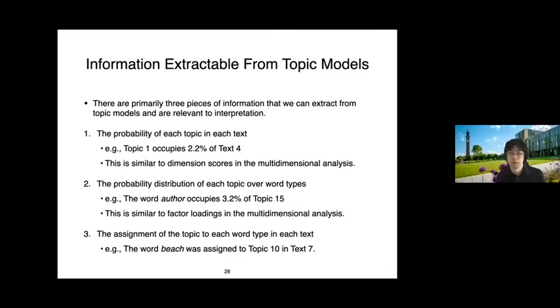And finally, we can extract the assignment of the topic to each word type in each text. So we can say something like the word beach was assigned to topic 10 in text 7. And we'll see later how to build a topic model in R and how to extract these 3 types of information from it.